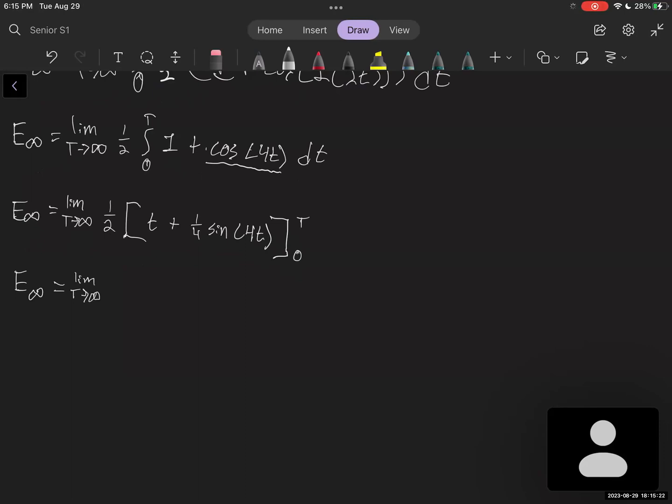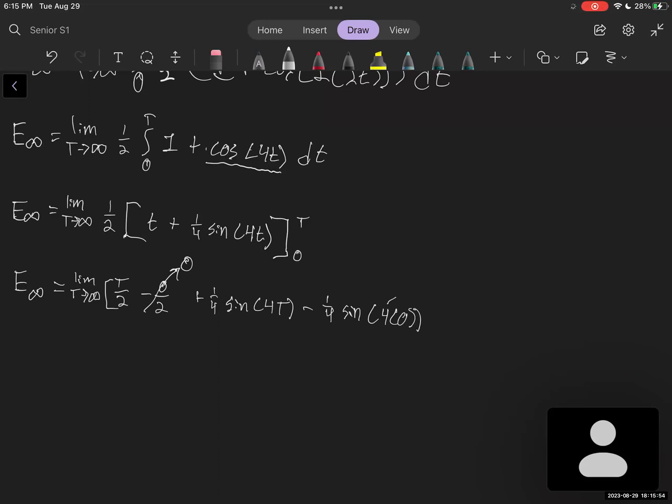to solve for this. This is going to be t over 2 minus 0 over 2. So we can cross that out. That goes to 0. Plus 1/4 sine of 4t minus 1/4 sine of 4 times 0.